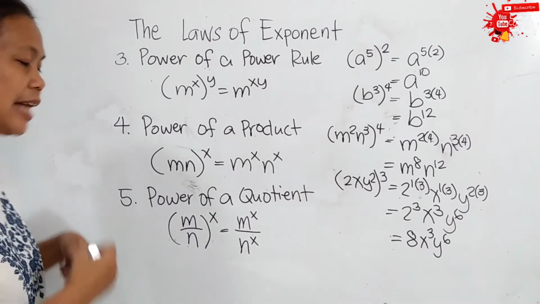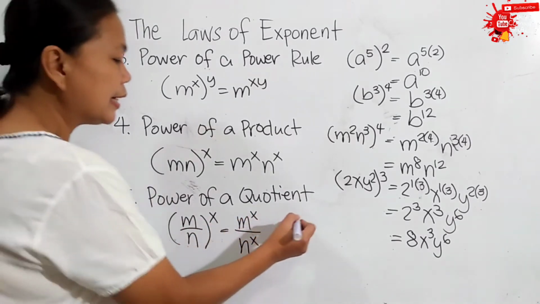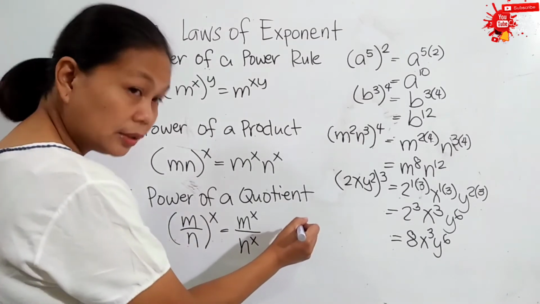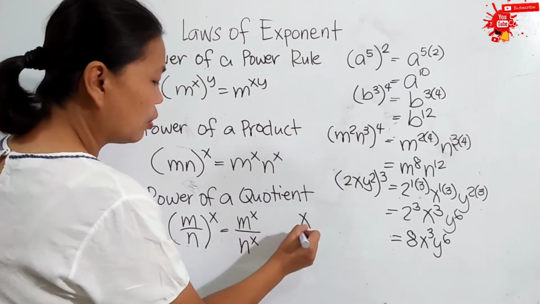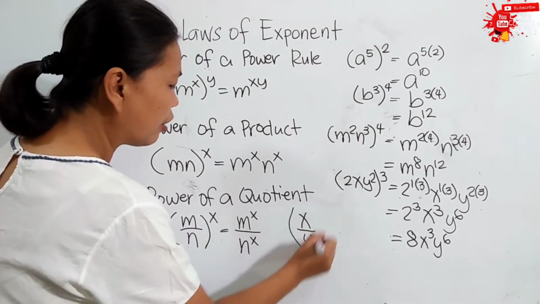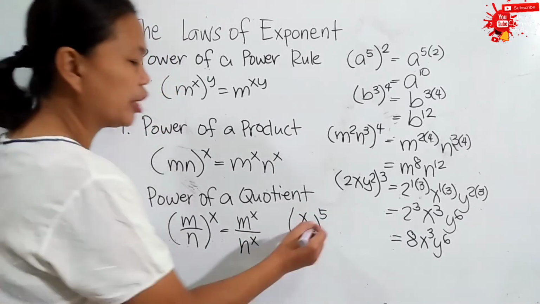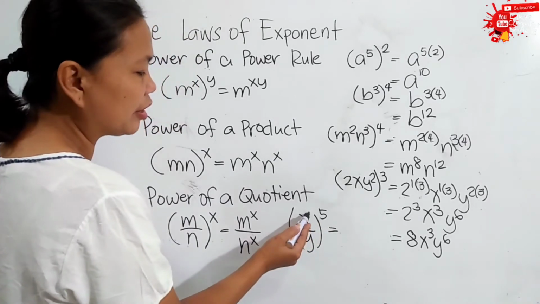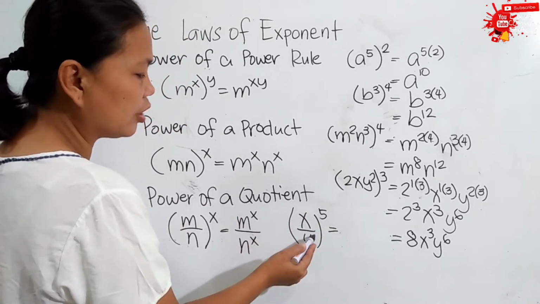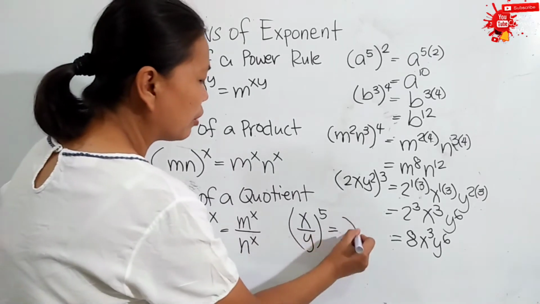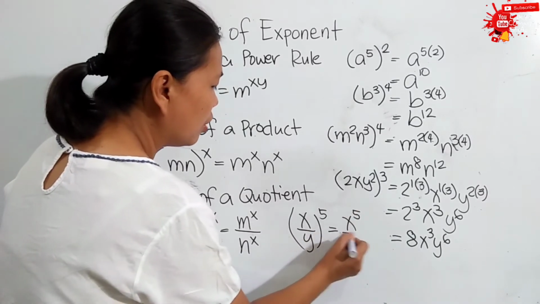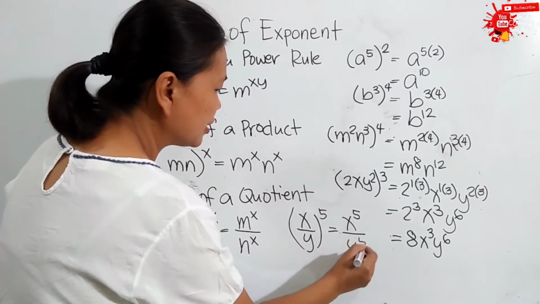So let us have example. Let's say we have here the quantity of x over y raised to 5. So it means that there is an exponent of 1 here and also 1 here. So it will be equal to x raised to 5 over y raised to 5.